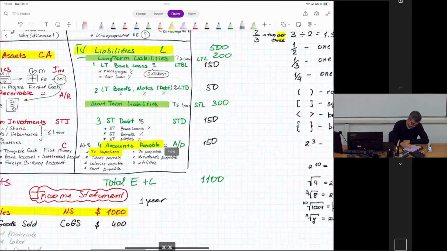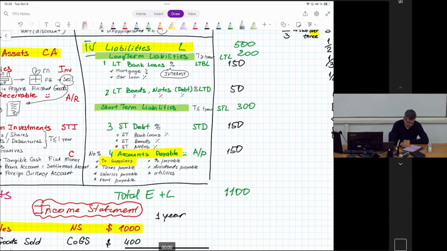With debt there is one catch. When we talk about debt, we talk about interest-bearing debt, only those liabilities for which we have to pay something. In our case, interest-bearing debt includes all long-term loans, long-term bonds, notes, and debt, because they're interest-bearing, and only interest-bearing short-term debt. Accounts payable do not count, because they are not interest-bearing.